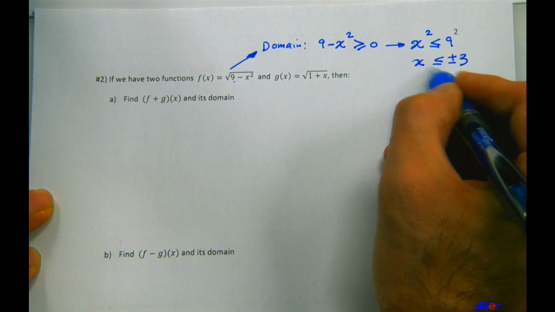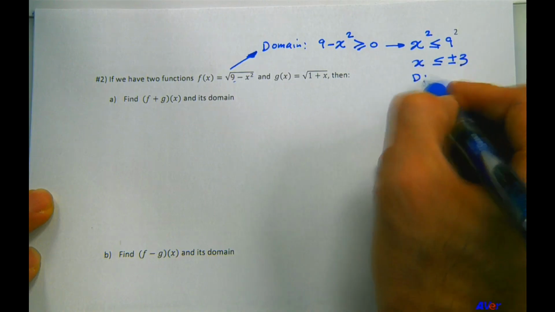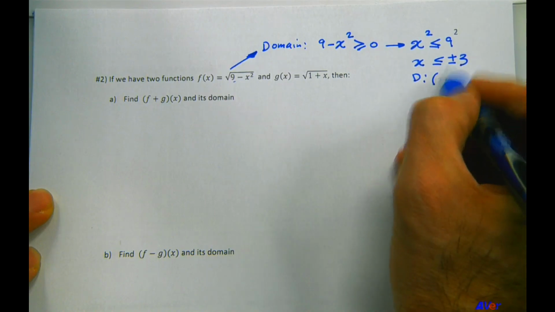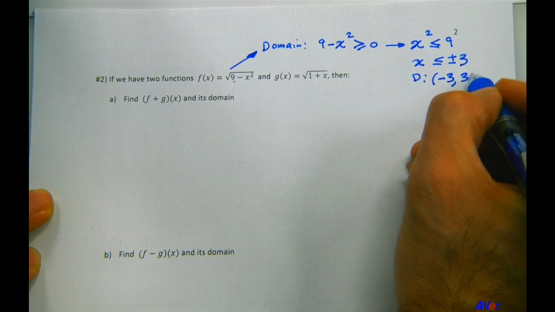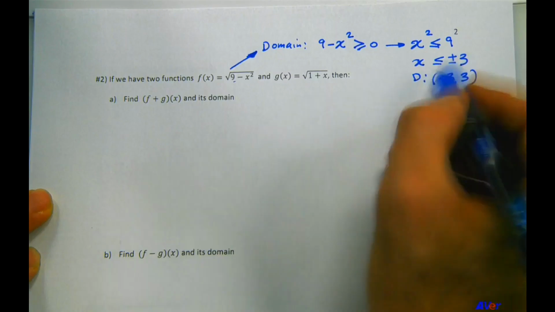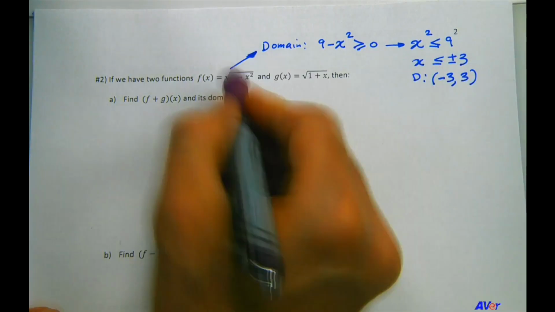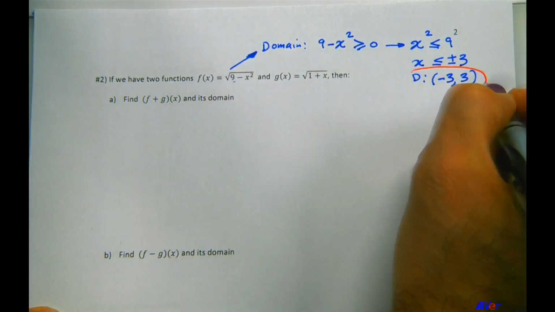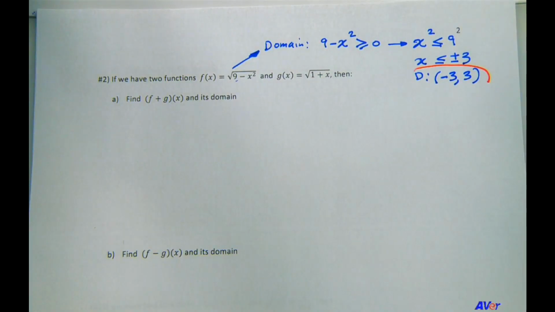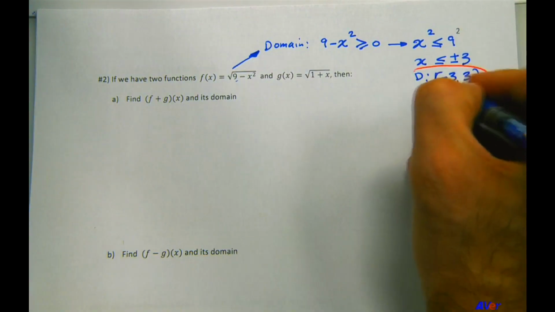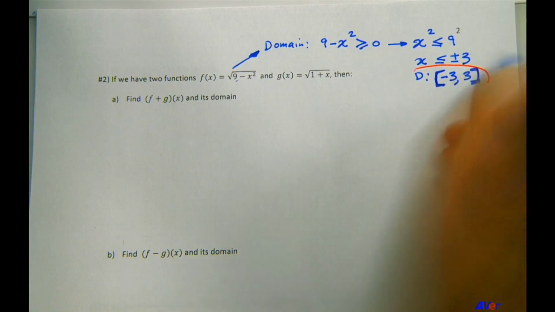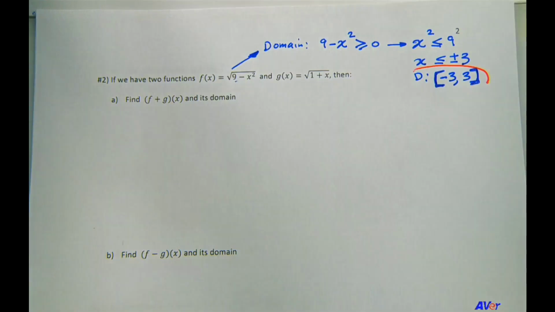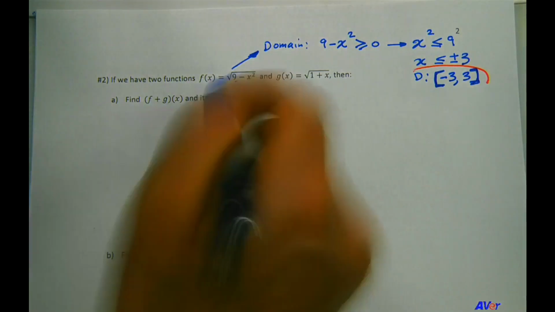So the domain here would be between minus 3 and positive 3. I should actually put the brackets here. Anything between and including negative 3 and 3 is part of the domain of this function.